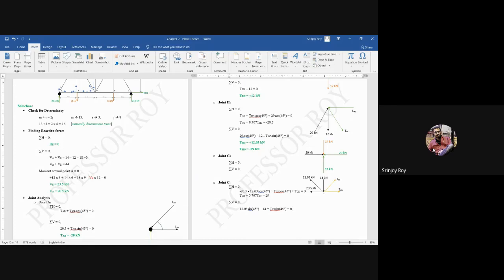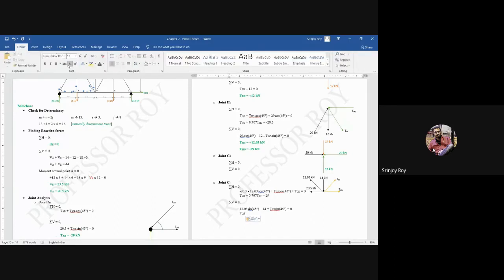So one has a vertical component, and the other has another one. Here a sin 45 component, and here also a sin 45 component. And one more thing: that 14 kilonewton force, that vertical force, is a direct force. You don't take any component of it; it acts directly. So from here, find out what is TCF. How much is TCF?